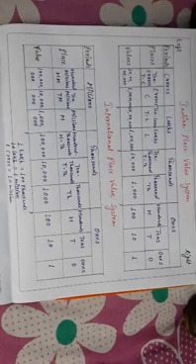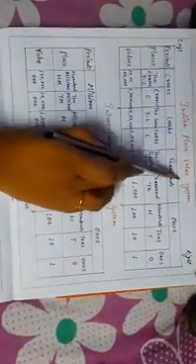Starting the session, let us look at these tables. What are they representing? The first table is of the Indian place value system and the second table is of the international place value system. If we observe both tables, we find a few similarities.